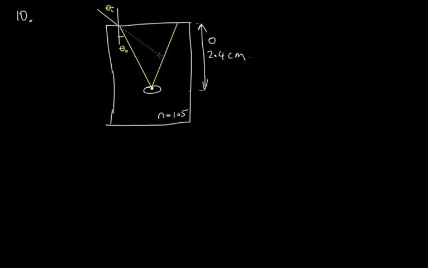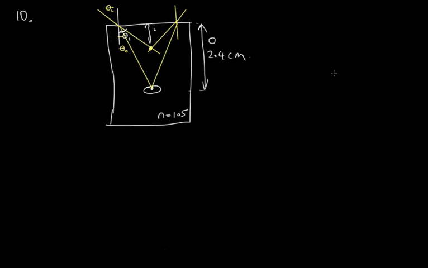Our eye interprets this line as coming back from here, and if we do the same thing on the other side, our eye imagines that this insect is actually at this point here. So let's label this distance here I, and this angle in here is theta I.